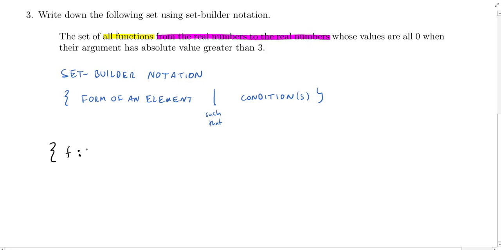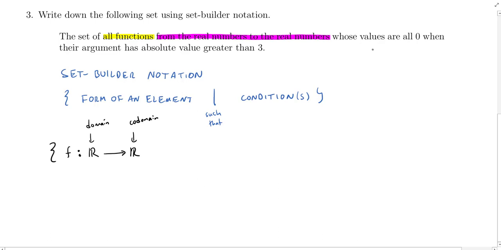We write that down with a colon, which tells us what the domain is. Then we can write an arrow, which tells us we have a function, and then the codomain is also the set of real numbers. So this is what the form of an element in this set looks like: a function from the real numbers to the real numbers.